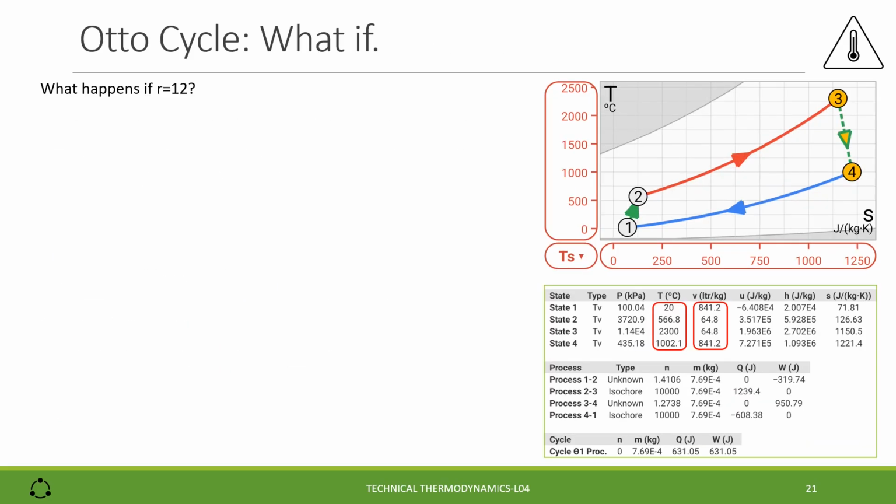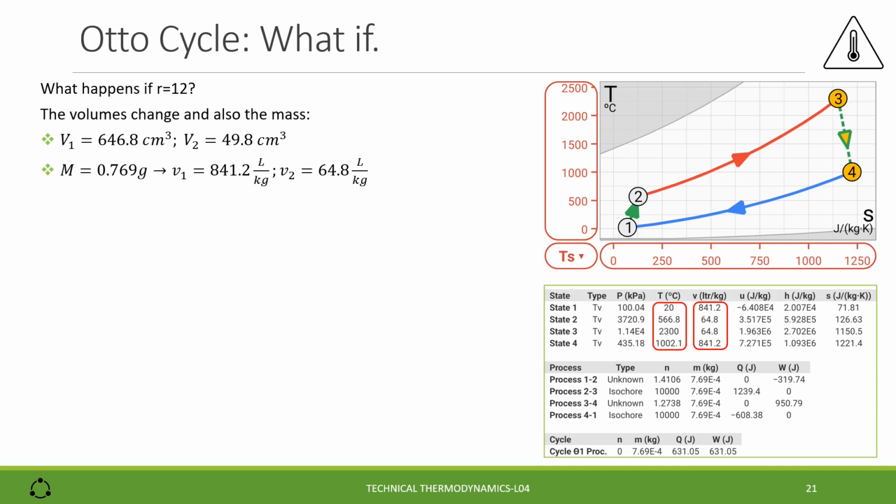What changes if we modify the volumetric ratio, increasing from 9.5 to 12? The answer is the volumes change, and also the mass. The volumes capital V1 and capital V2 will assume the values displayed, and also the mass will be 0.769 gram. Correspondingly, also the specific volumes v1 and v2 will change.